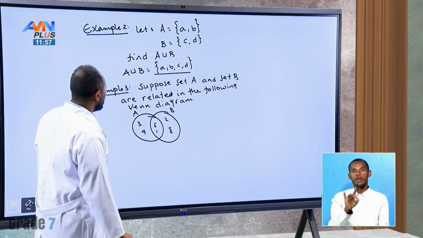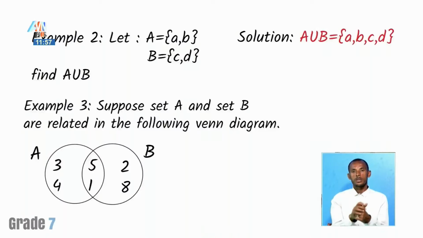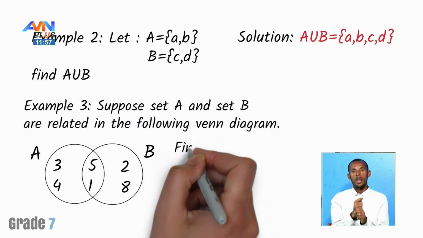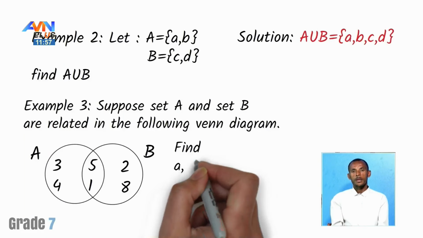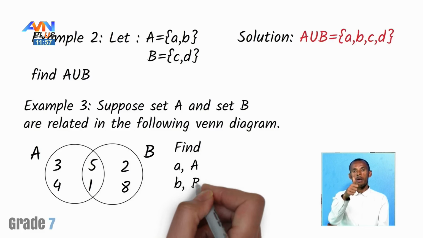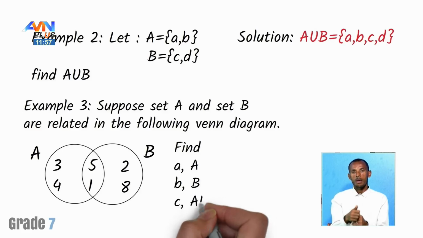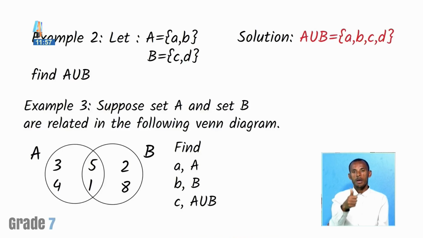So, the first question, find set A itself. Find set A, list elements of set B, and finally, find the union of the two sets.